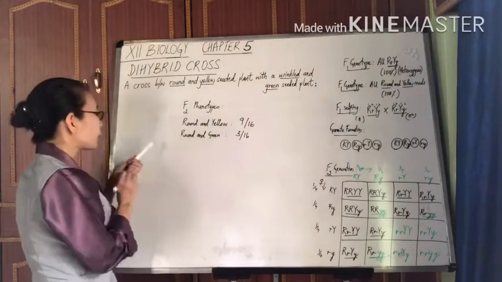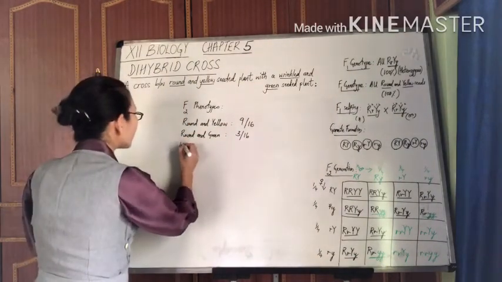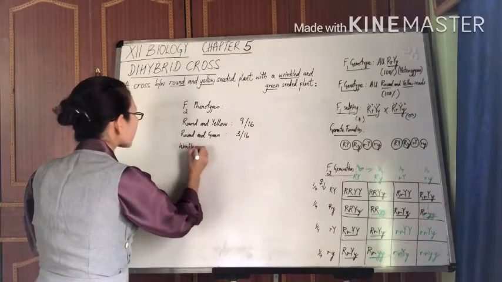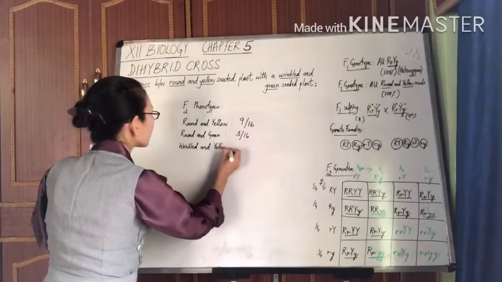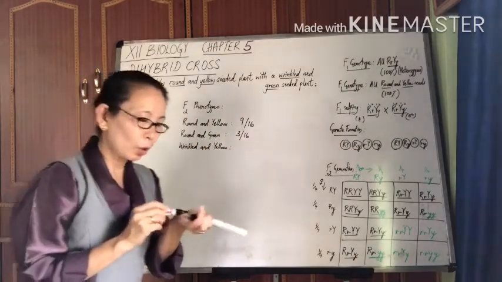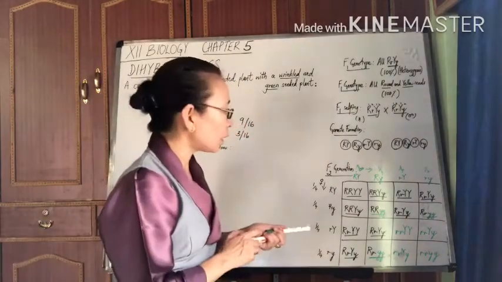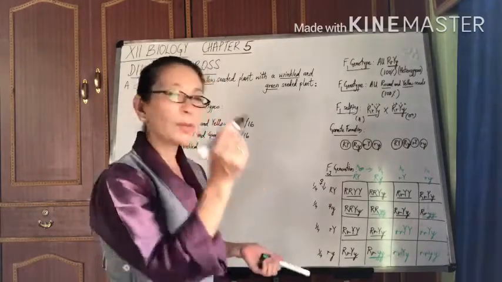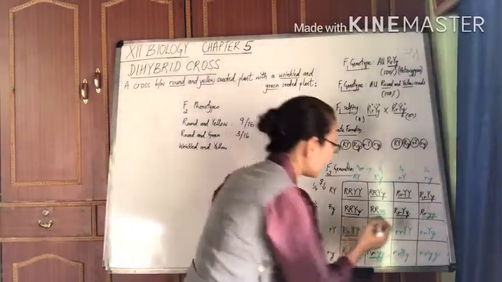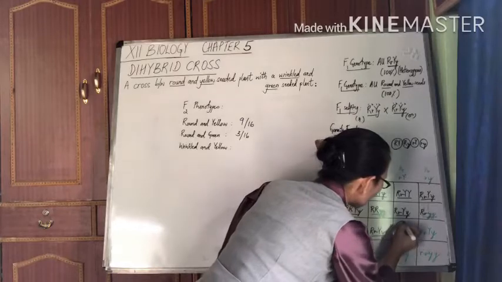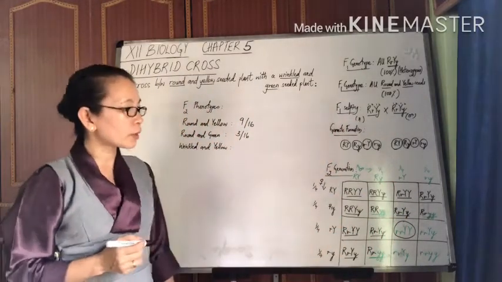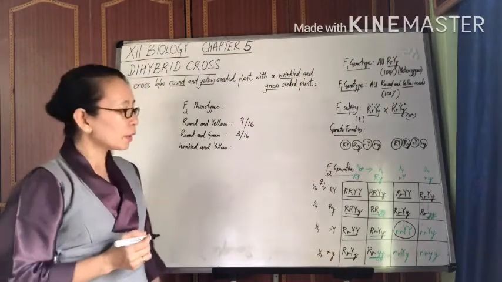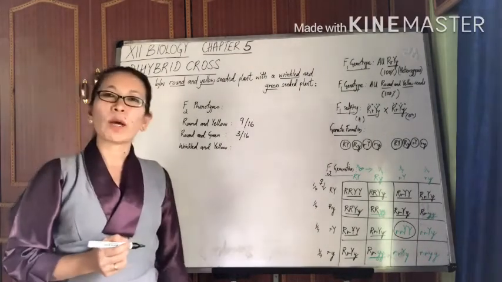So the next phenotype is wrinkled and yellow seed color. Let's see how many wrinkled and yellow seeds we have. I'm going to draw a circle on the wrinkled yellow genotype. So we have the first wrinkled yellow genotype there with small r, capital YY.